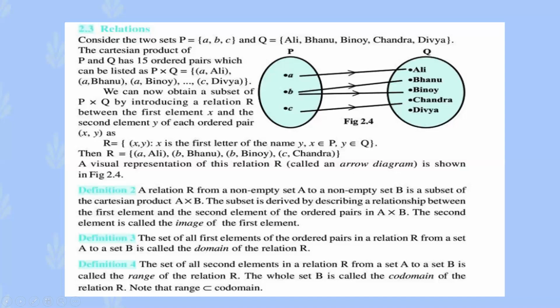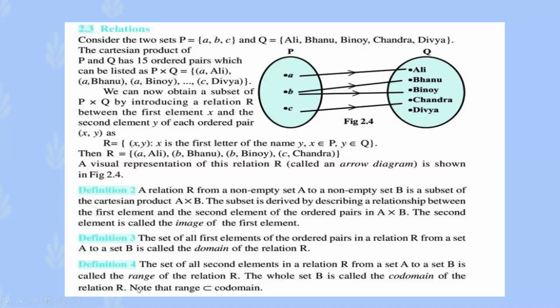And the next definition: the set of all second elements in a relation R from a set A to a set B is called the range of the relation R. The whole set B is called the codomain of the relation R. Note that range is a subset of codomain. You can understand this.